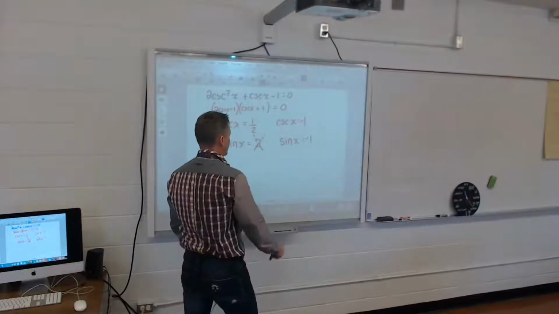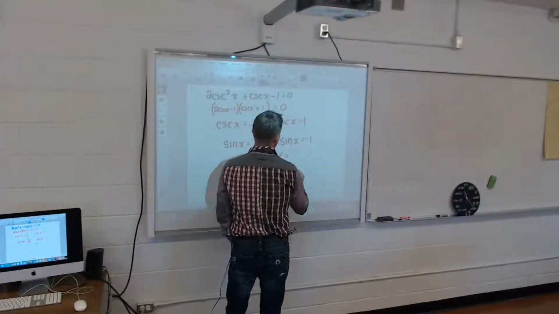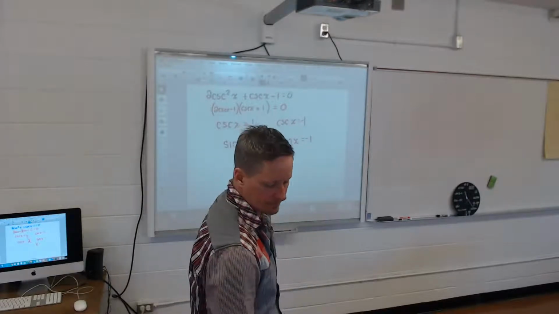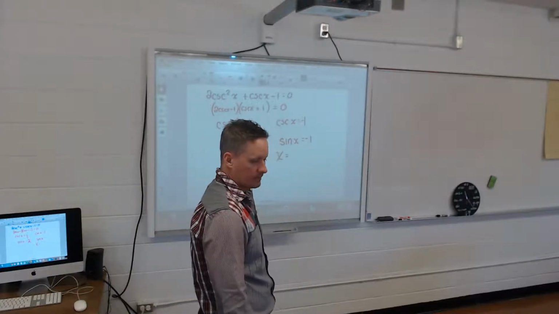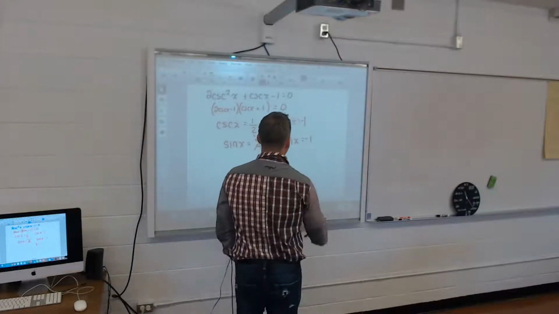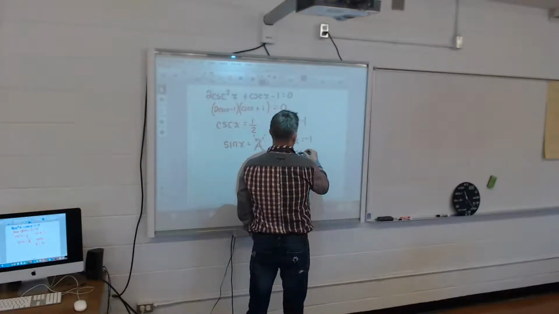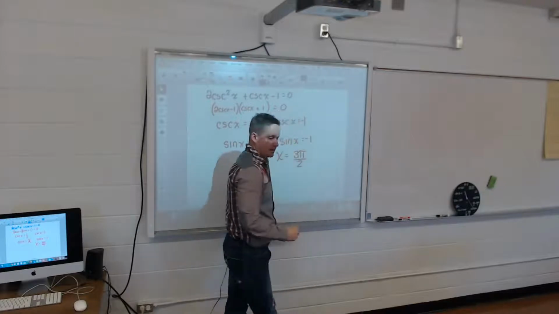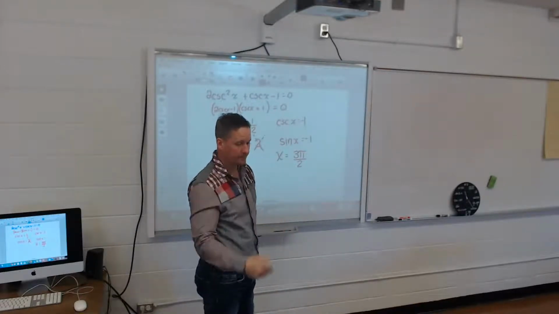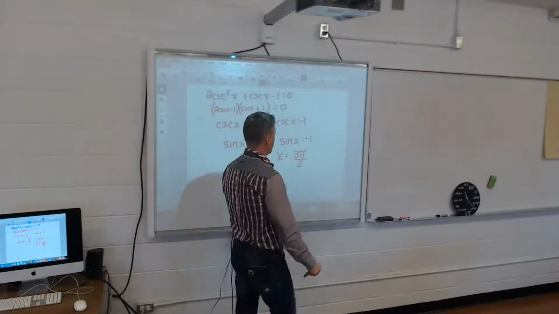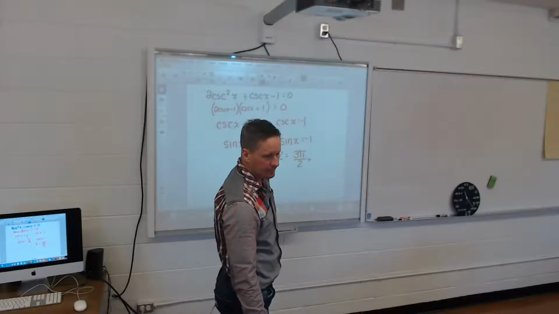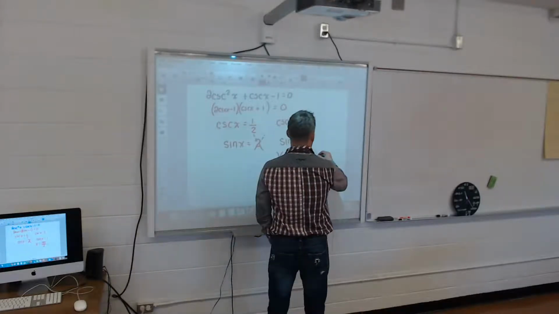Where on your graph does sine x equal -1? 3π/2. Yeah. And because I asked for the general solution, what do I have to add on to it? 2k pi.